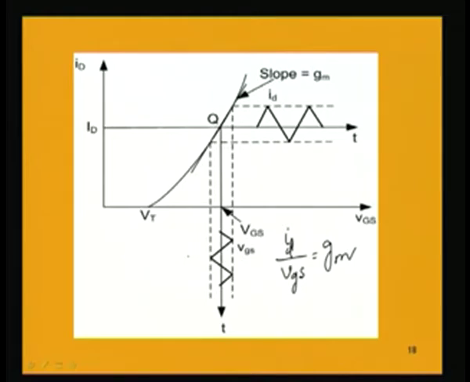So, corresponding points on the gate to source voltage axis, drawn or projected from this current signal, are these points, which will give us the voltage between gate and source. So, the slope is denoting the transconductance.